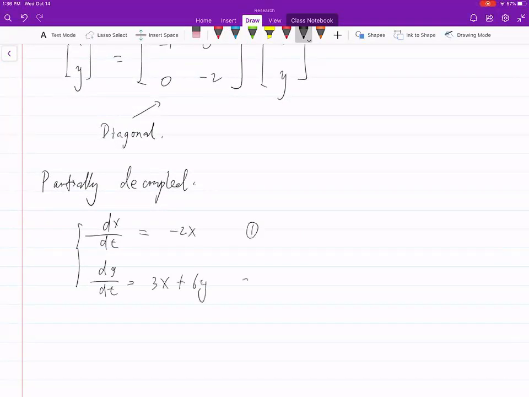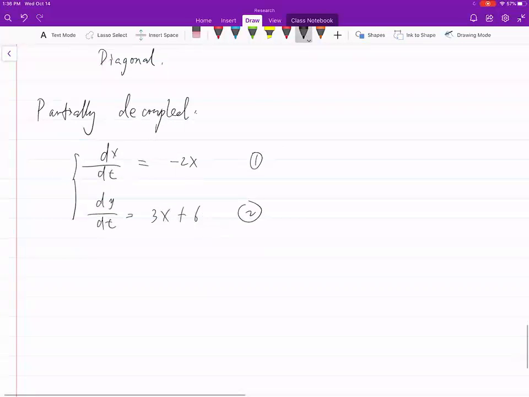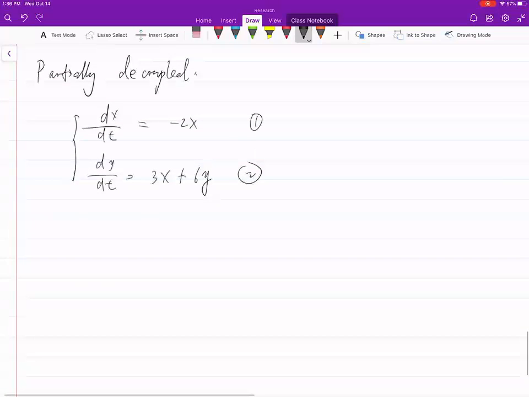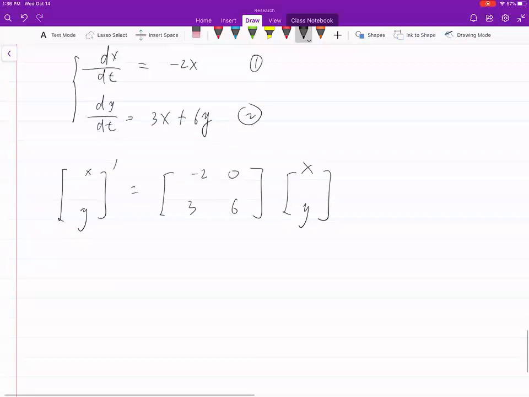We solve one before we solve two, but one is self-contained. Two depends on one, but you can solve one first. That corresponds to a system like this.